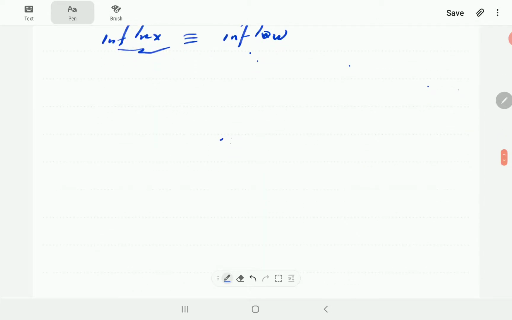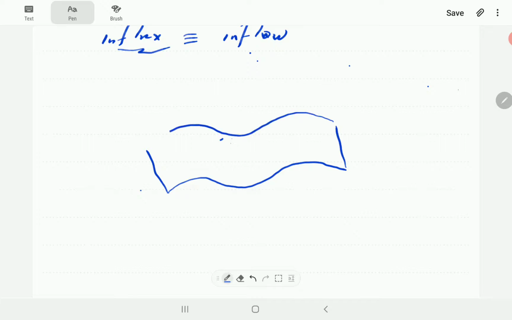But we could have a case where our surface is not a plane surface. Maybe our surface has got variations at points. If our surface is something like this, then the normal of this surface is going to change as we change positions on this surface.